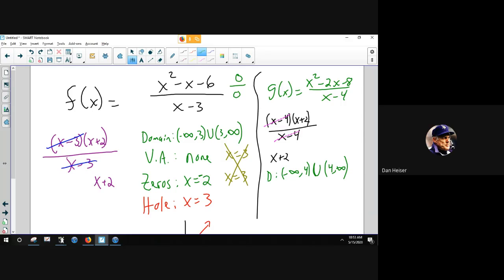Still no vertical asymptote. Still have a 0 at the same place. So that checks. That works.